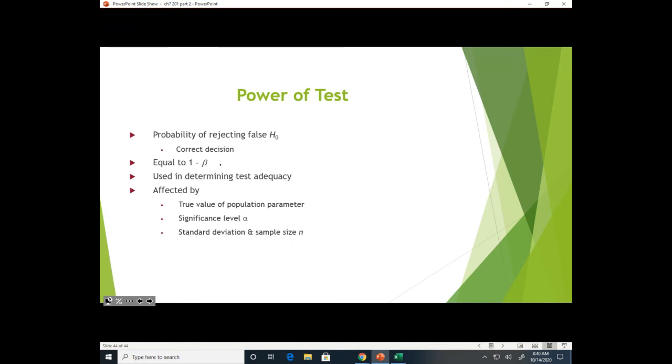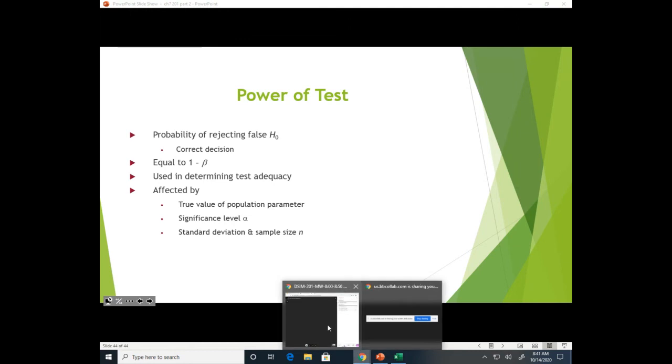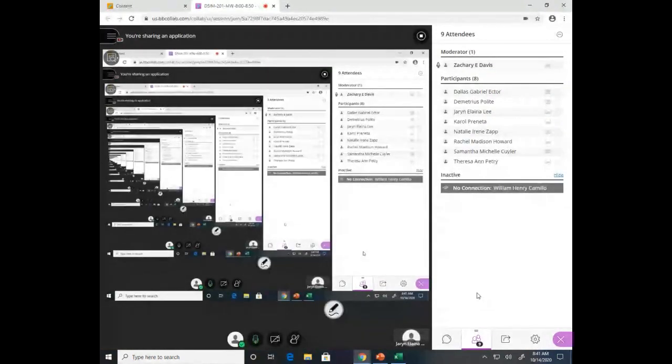I'm trying to simplify this part because, like I said, it's not going to be super useful unless you get into survey research and human subjects research and all that. But most of the time we don't focus too much on power because we don't have too much control over it. Other than that, that is the end of chapter 7.